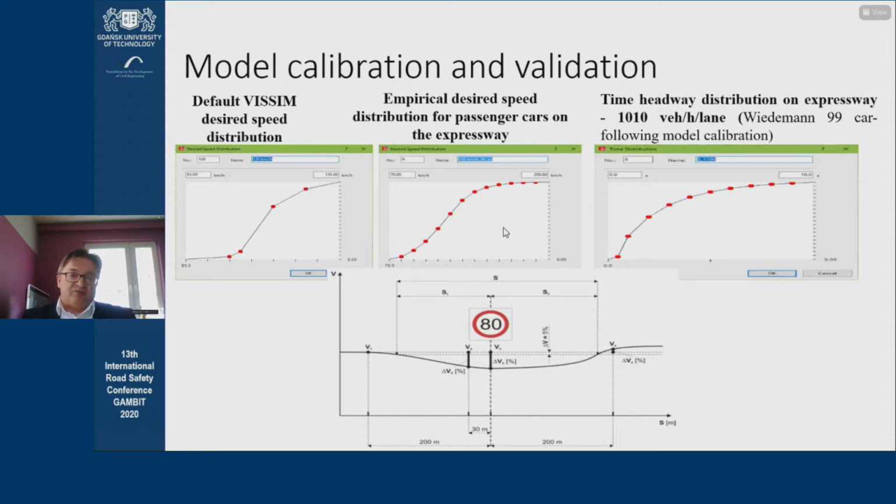These distributions were then used to calibrate the follow-the-leader model. We also identified the speed distributions for different road classes to calibrate driver behavior in the macroscopic model. If provided with variable message signs, we used driving simulator results.